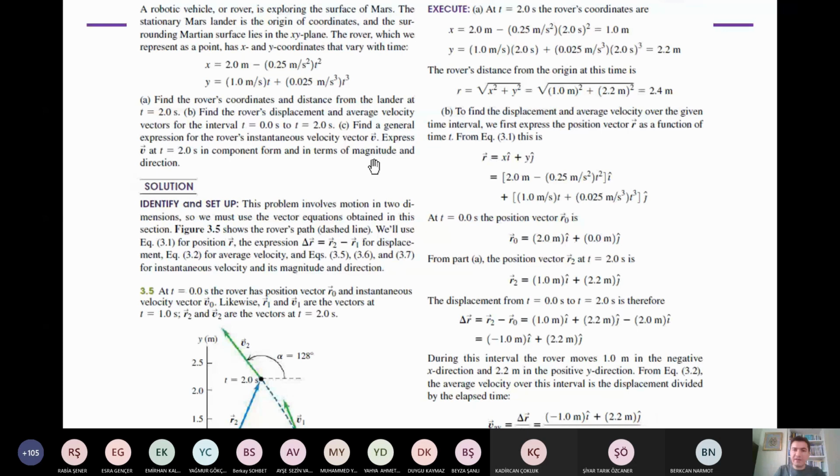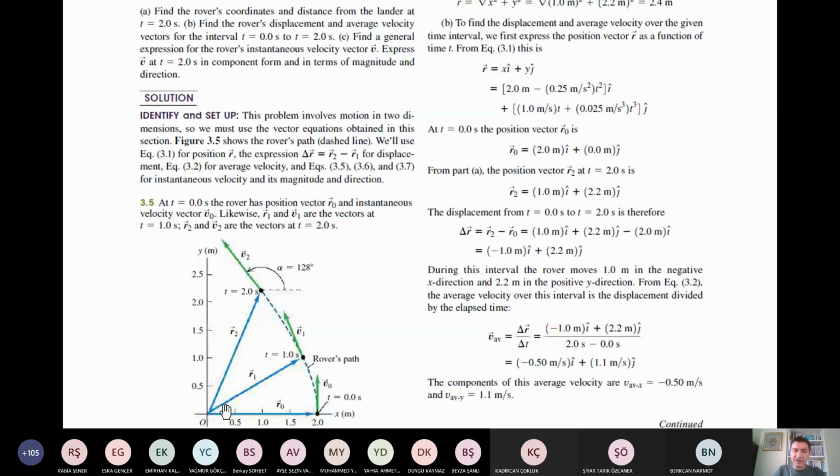When the time is 0, just put 0 instead of time: r0, the vector from the origin to the initial point, is given with this expression, 2 meter i plus 0 meter j. The y component is 0 because it only has a component along the x-axis.